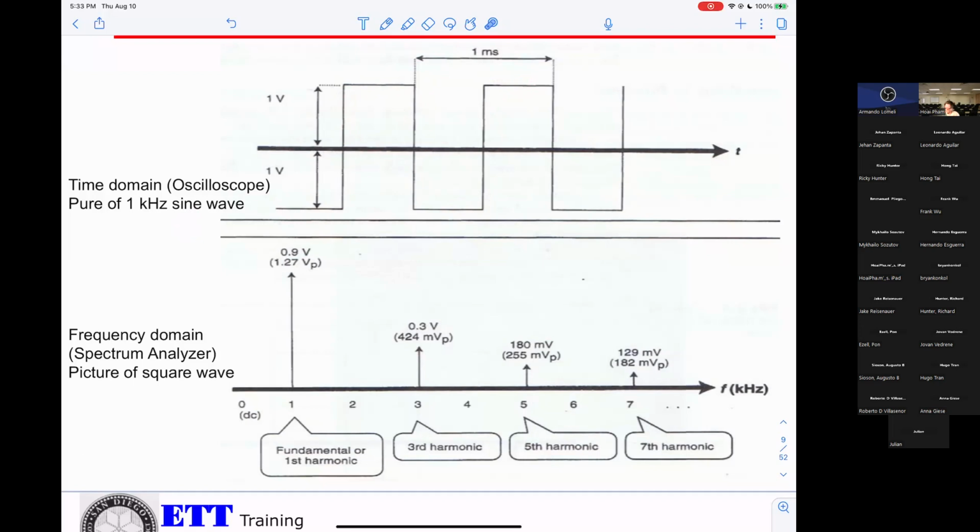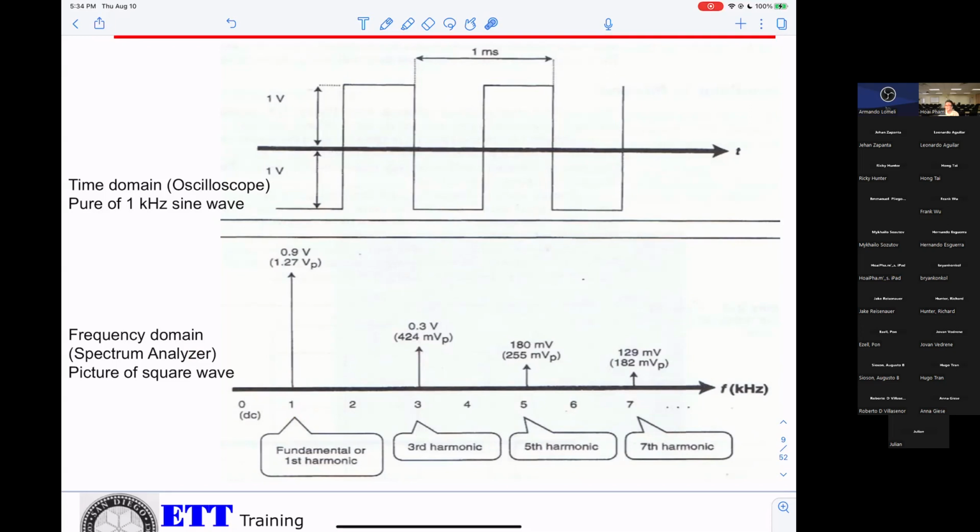However, for the spectrum analyzer, there is a frequency domain that varies with the frequency. They do not see any square wave. However, they're telling you about the square wave at 1 kilohertz.